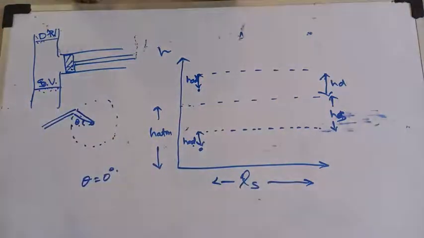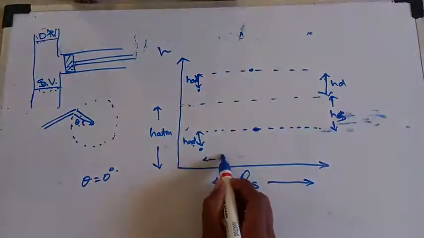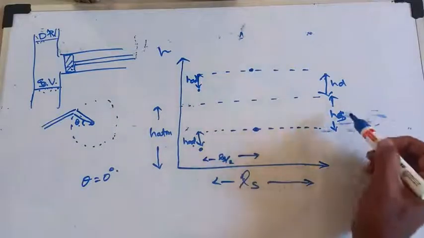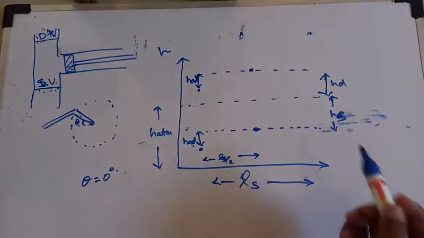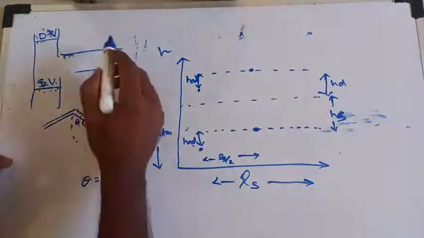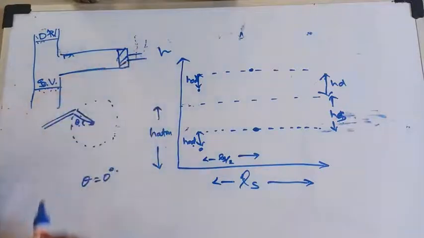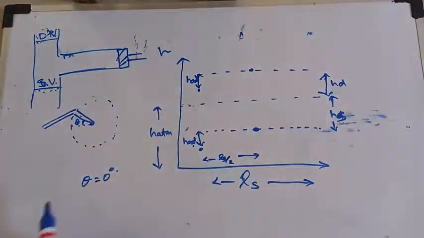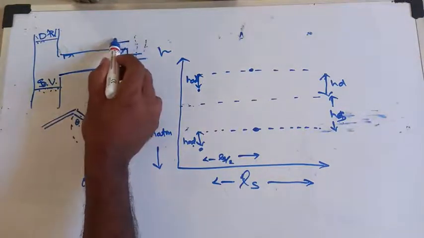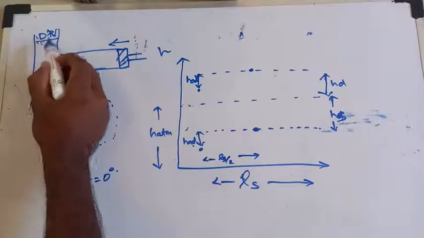After that, at 90 degree, at LS by 2, there is no influence of suction pressure and delivery pressure due to acceleration, so that value becomes 0. But if I look at theta equal to 180 degree, the piston is here and starts moving. Because of this positive movement, it causes positive pressure at both delivery valve and suction valve.